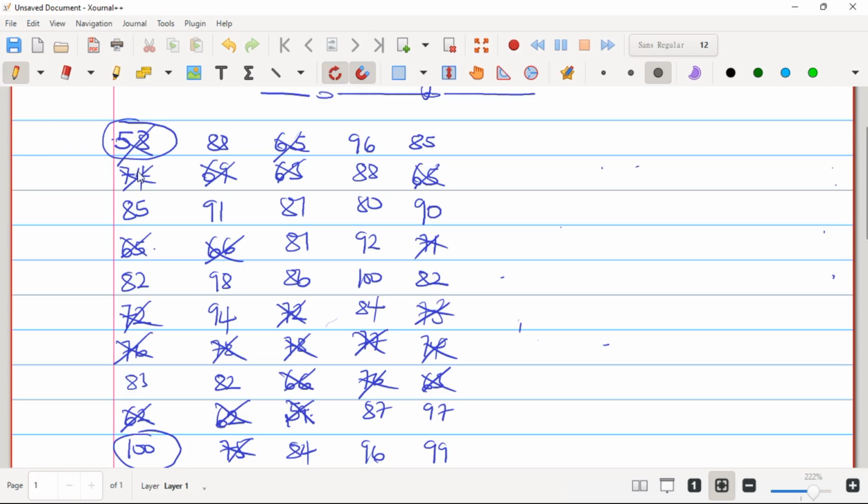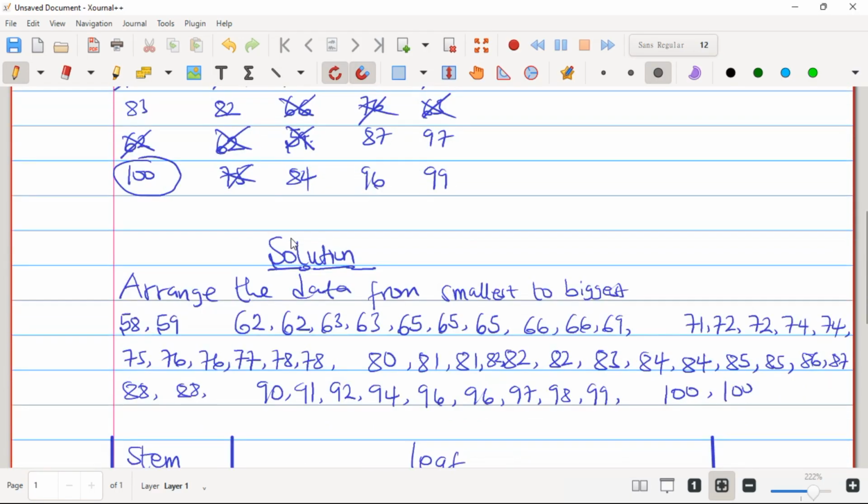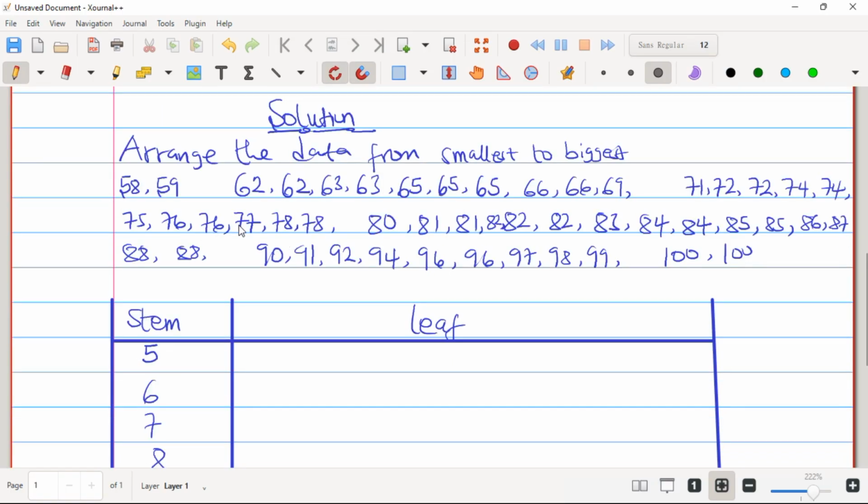Because of time, I'll leave you to do the 70s, the 80s and the 90s plus what? The 100. So if you do it well, this is how the arrangement is going to be. You are going to have 58, 59, 62, 62, 63, 63, 65, 65, 65, 66, 66, 69, right?